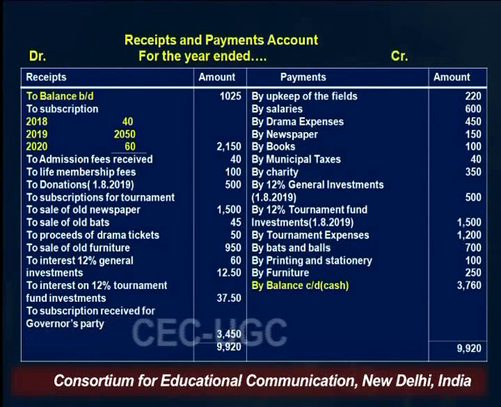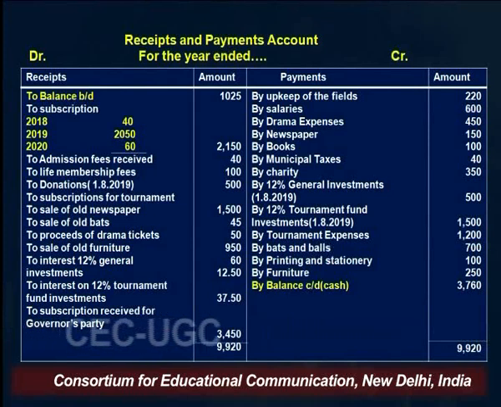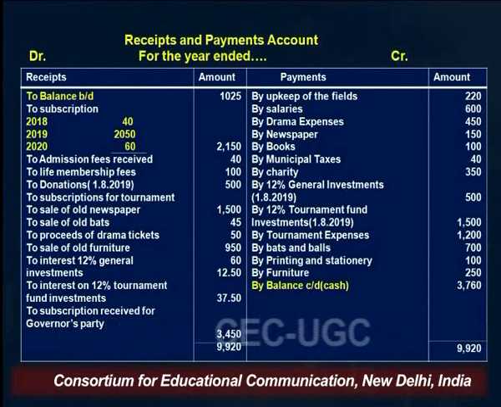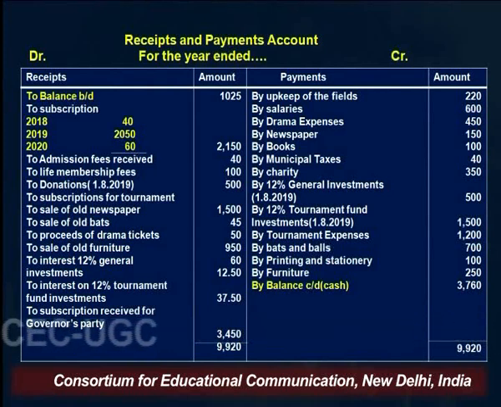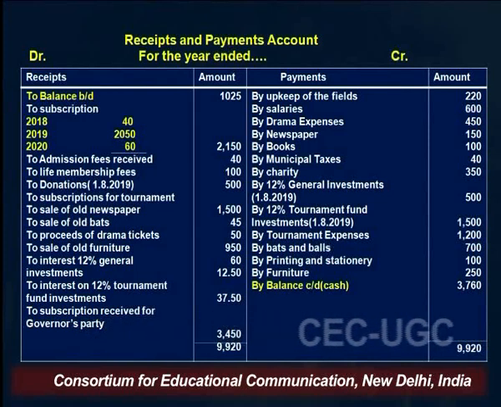All the items of any year, whether capital nature or revenue nature, are to be shown on the receipt side of this account, and any payment, whether a capital payment or revenue payment, is to be shown on the credit side of this account.